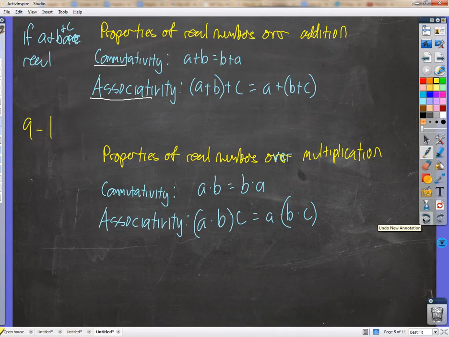But what are we really doing when we subtract 1? Are we adding? What are we adding to 9? Negative 1. You're adding a negative 1 when you subtract it. Is addition commutative? Yeah, it is.